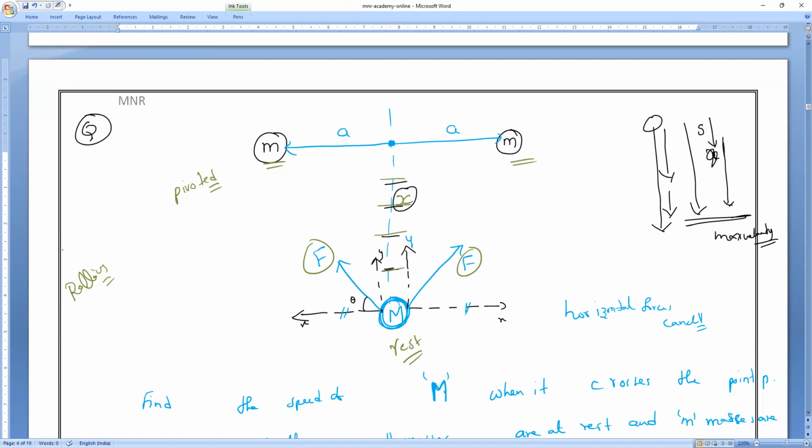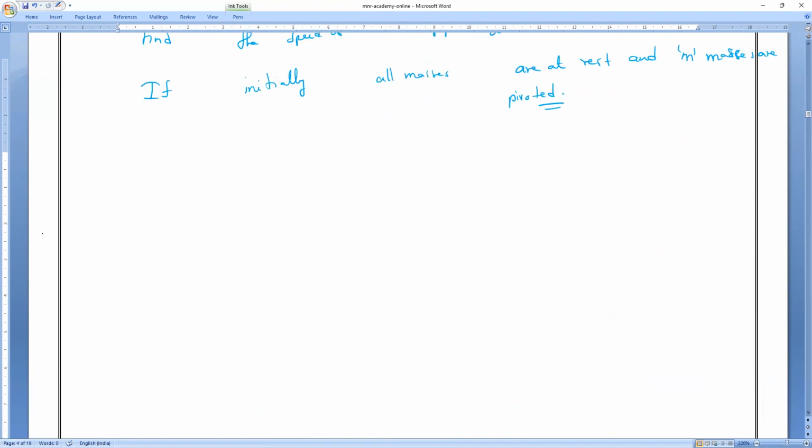A body which is ready to move or a body which is already moving? Which possesses the greater frictional force? Which will possess less frictional force? Anyone?